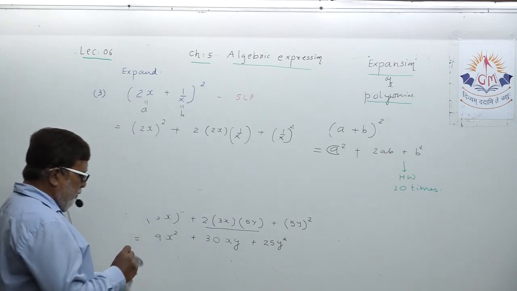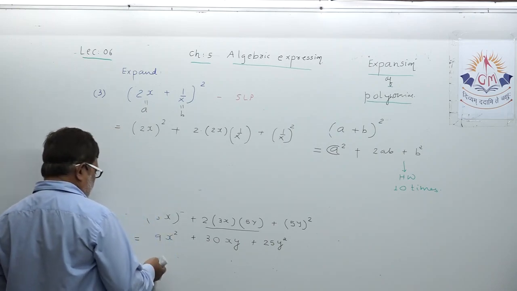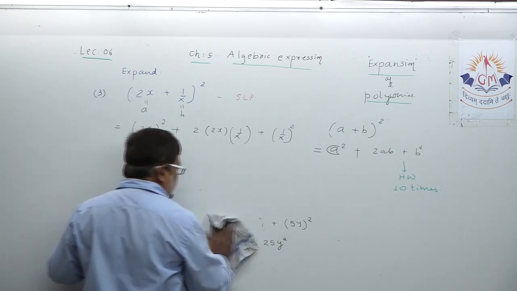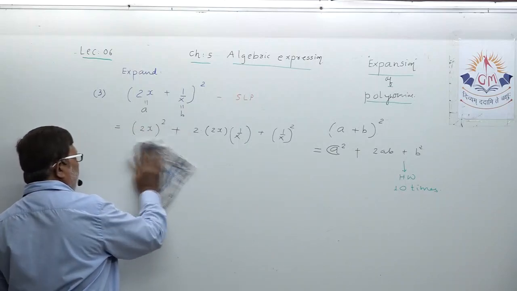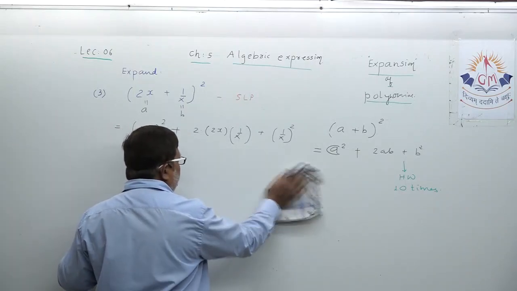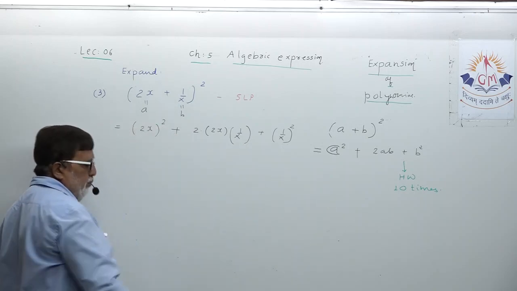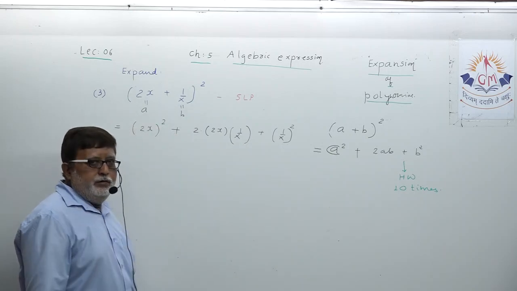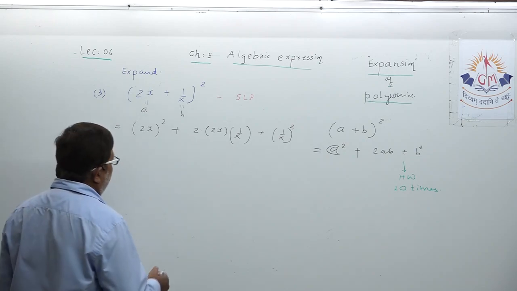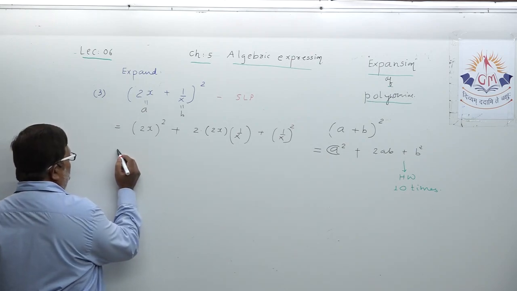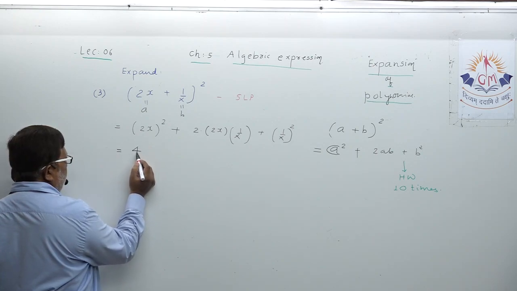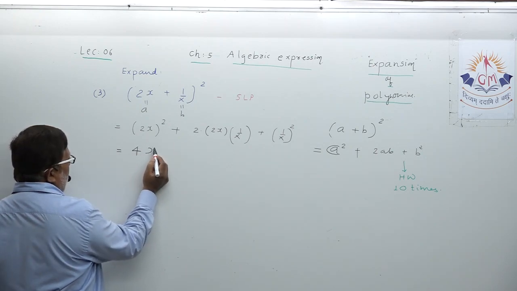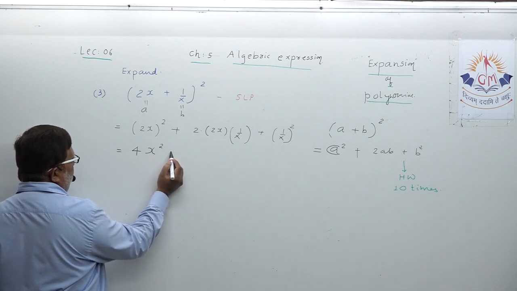First A square plus 2AB plus B square. In place of A, 2x. In place of B, you have to substitute 1 upon x, okay? Now it's a question of just evaluating 2 square, that is 4, x square, that is x square, plus.